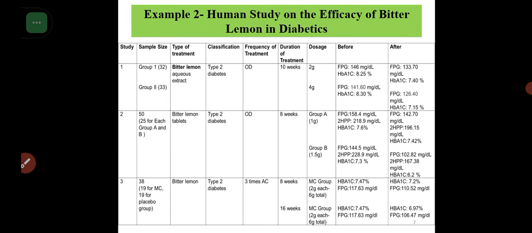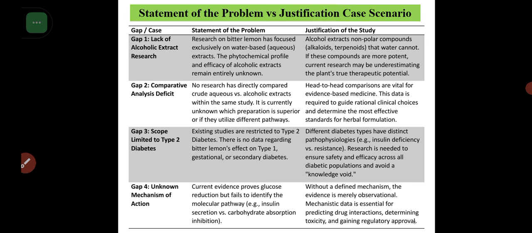There is no study that identified the mechanism on how bitter lemon works in reducing diabetes. So it's also a gap. So how will my statement of the problem look like and how will my justification look like is the next thing we want to look at.